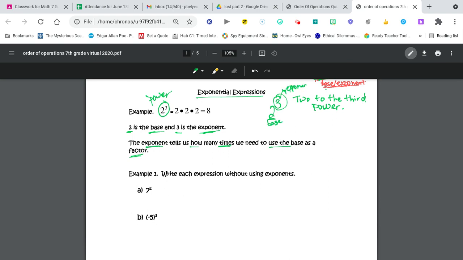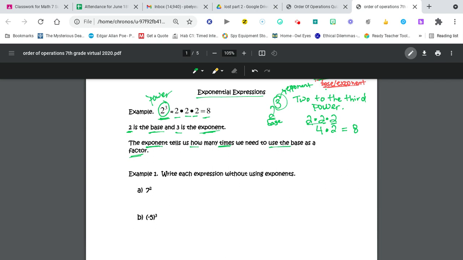Exponent is that little number at the top. It always tells you how many times to write the base or to multiply the base. So basically, multiply base 2 three times. 1, 2, 3. And we just say 2 times 2 is 4, and 4 times that last 2 equals 8. That's how we know we went from 2 to the third power. It's 2 times 2 times 2, which is 8.